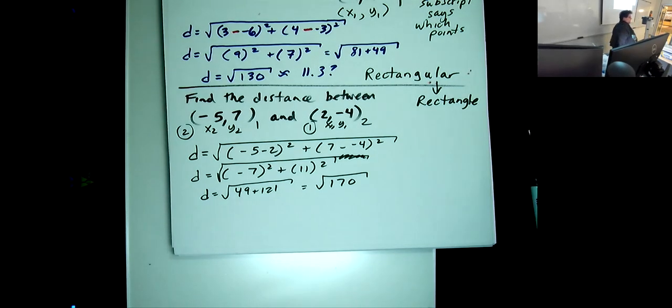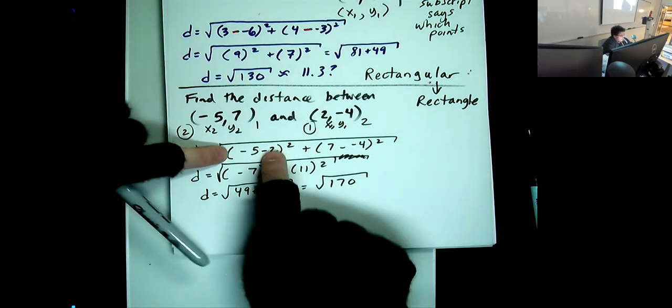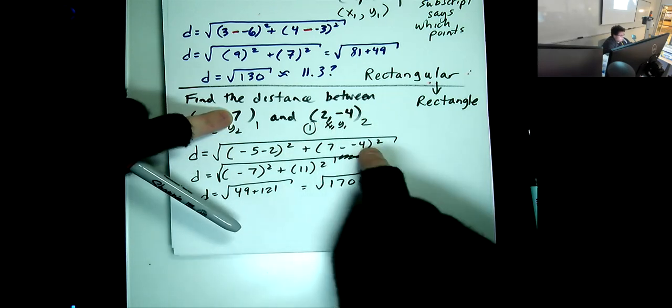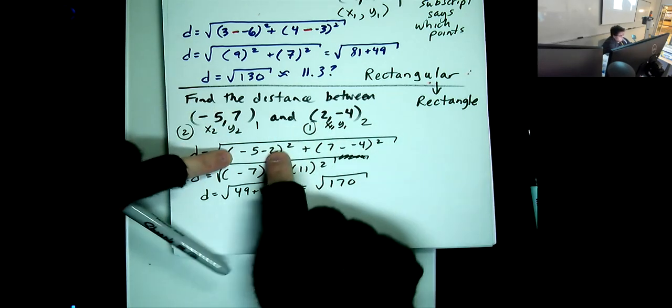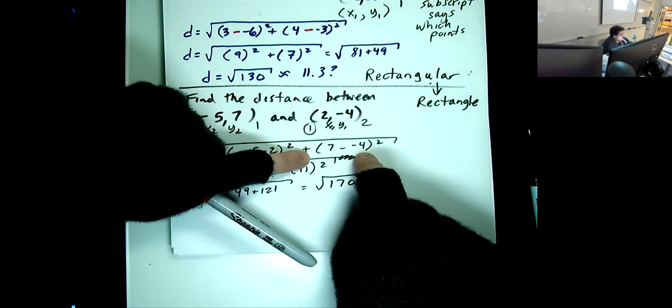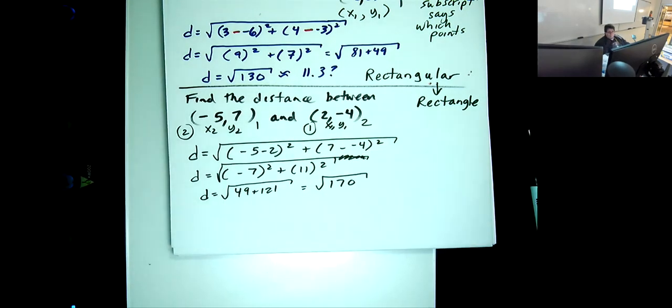Now, the way this can be messed up is if you don't put the x's together. I did -5 and 2 here, and I did 7 and -4. If I had done -5 and 7 all in one parentheses, and then 2 and -4 in one parentheses, it would have been wrong.